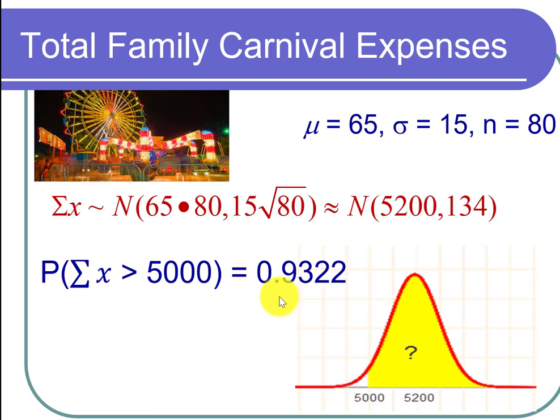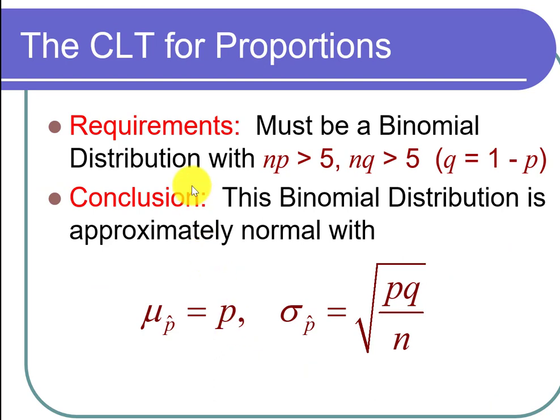Pretty high chance. Okay, so now let's look at the central limit theorem for proportions. If we had that yes-no question, we're talking about proportions and not means anymore. So the first thing to note is that we're not looking at greater than 30 or normal distribution. We need to make sure the following.